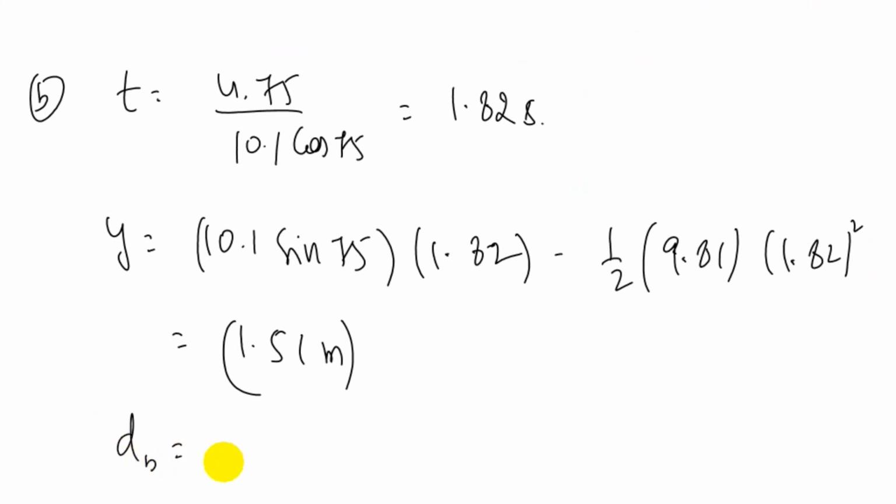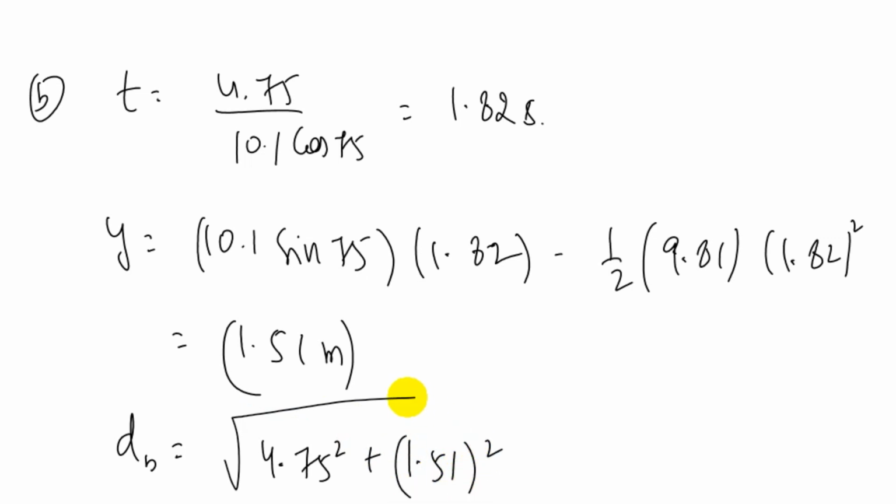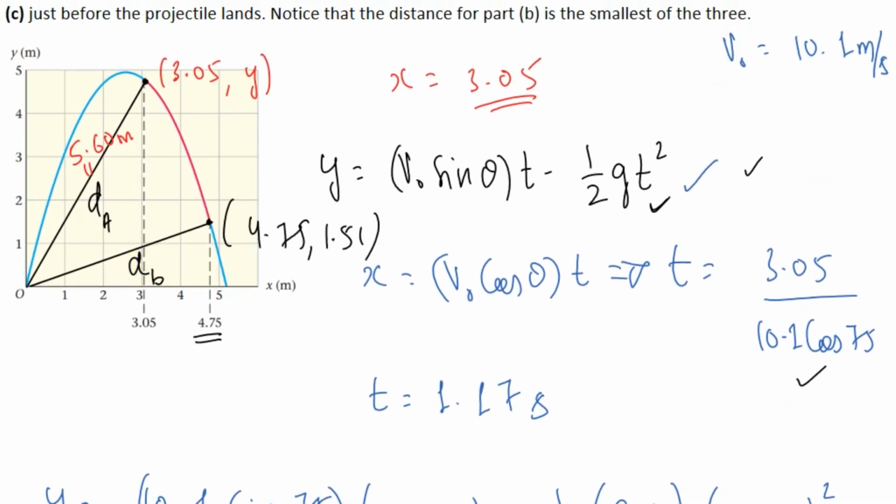Now it's very easy. dB will be under root x square plus y square. x square is 4.75 squared plus this y square is 1.51 and its whole square. Now from here this value comes out to be 4.98 meter. So this dB is 4.98 meter. Now if you compare, this dA is greater than this value.